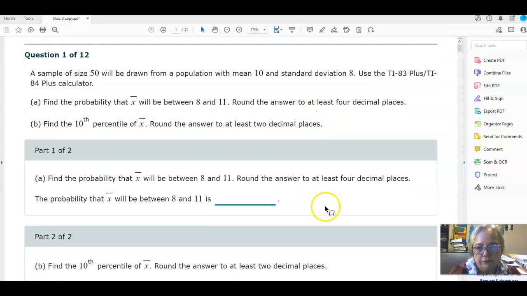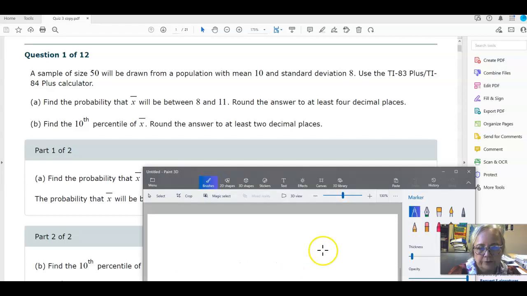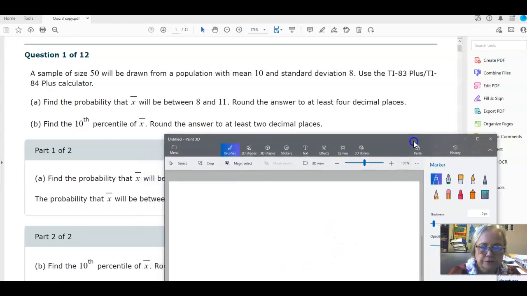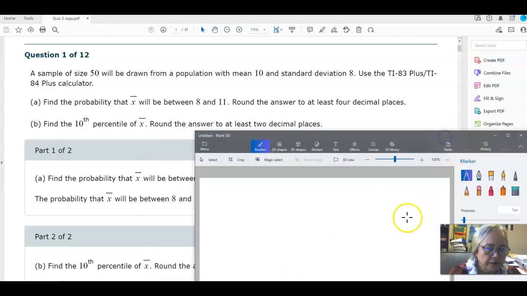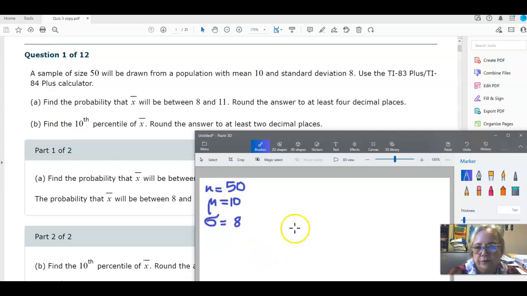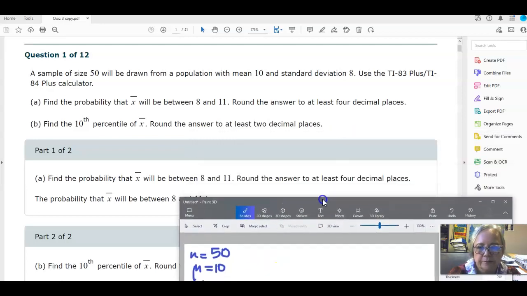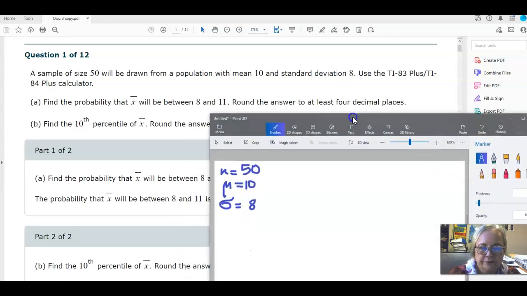So first of all, I always recommend that students write the data and keep information. So the sample size, traditionally we use a variable n, it's 50. The population mean, so find the probability that x bar will be between 8 and 11.